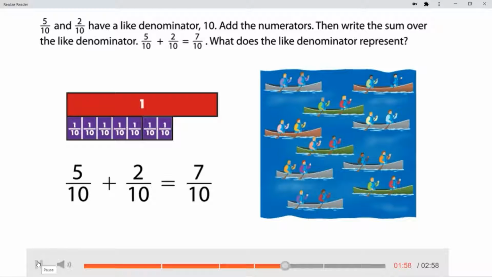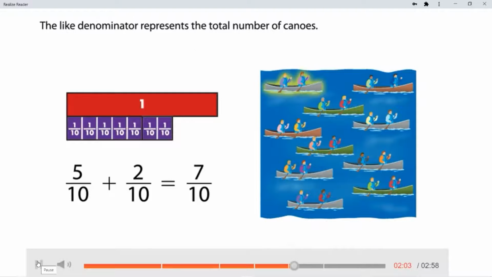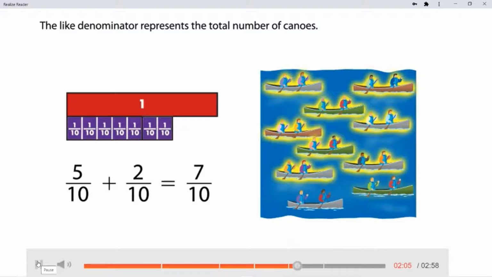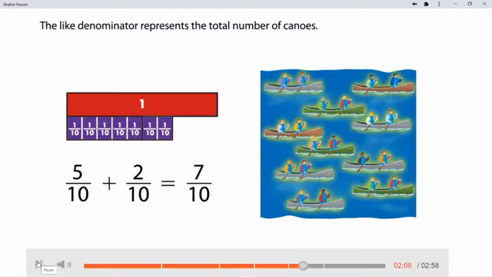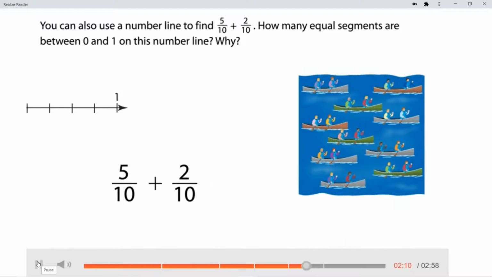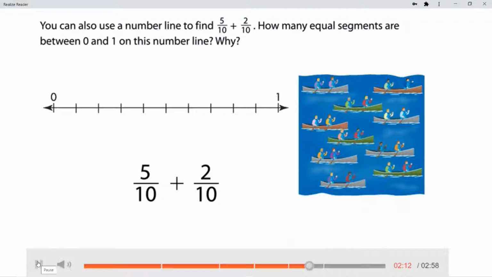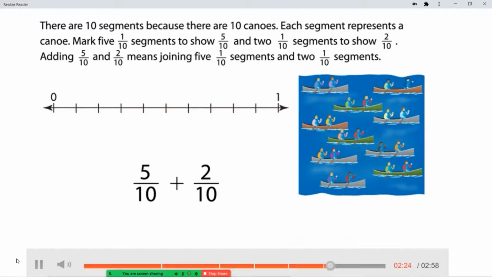What does the like denominator represent? The like denominator represents the total number of canoes. You can also use a number line to find 5/10 plus 2/10. How many equal segments are between 0 and 1 on this number line? Why? There are 10 segments because there are 10 canoes.